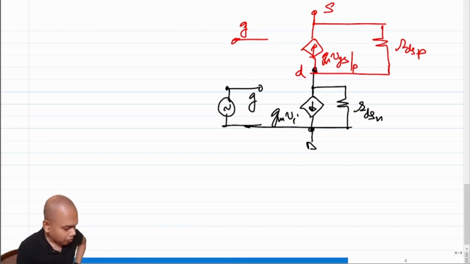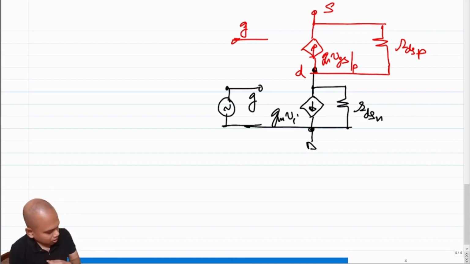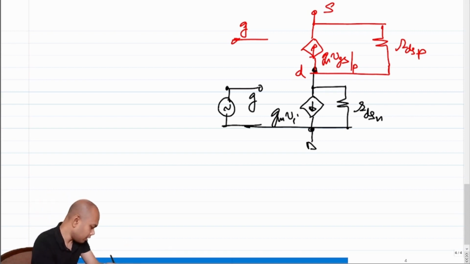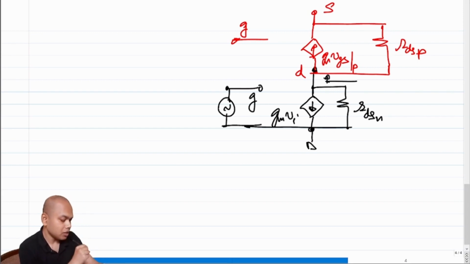Okay, what do you think we should do with the source? Or rather, if looking upwards we want to see a resistance of only RDSP, then what do you think should happen to this Gm VGS?